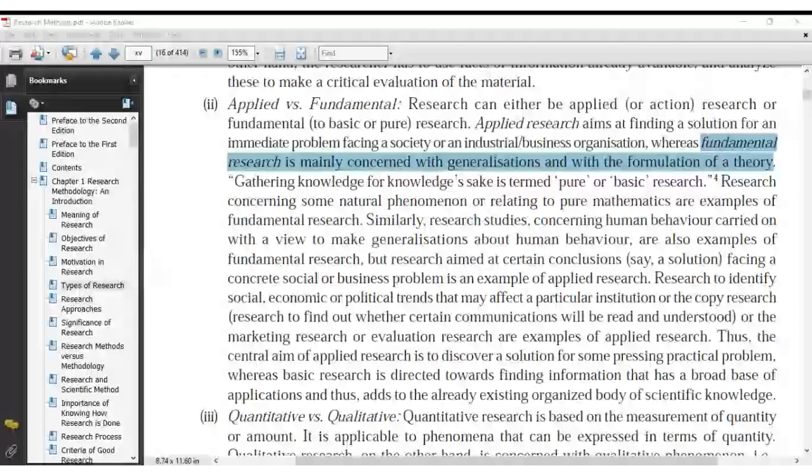Oh, I had forgotten a question here by Kevin Korir. Is applied research same as basic research? We just have to go to the document so that we can confirm that.